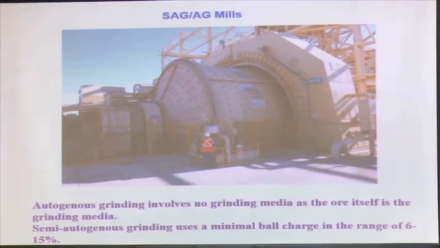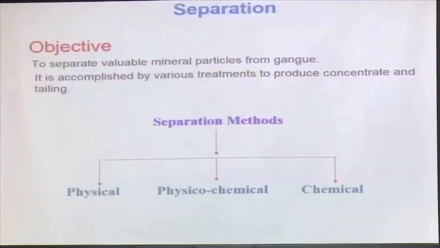The autogenous grinding concept is that if there is a wide difference in hardness of the particles to be broken, then we can break the relatively softer particles by impact from the relatively harder particles, but where I use this is dictated by the material characteristics. So, these types of machines are there.